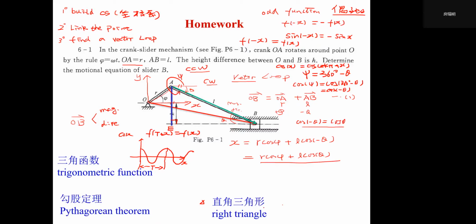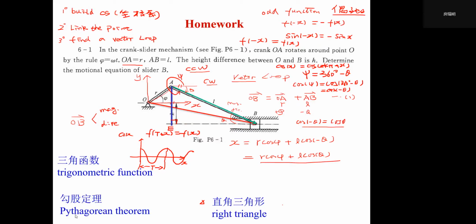So this theta, actually L times cosine theta, is the length of this, right?